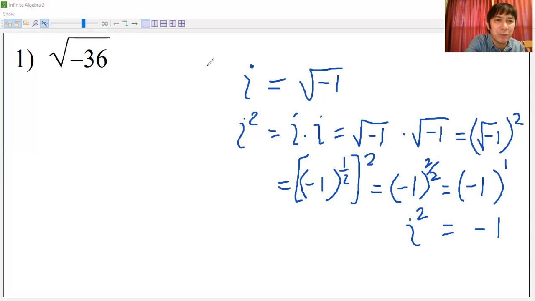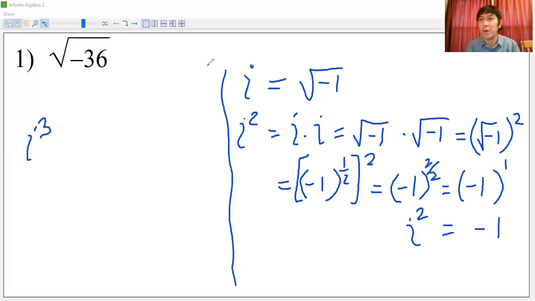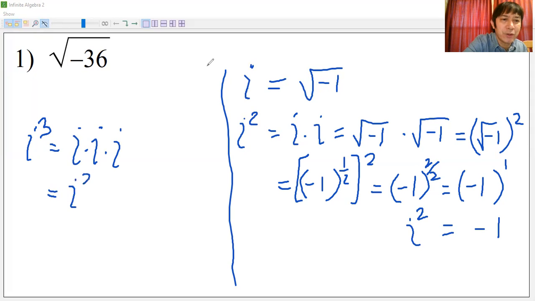Now, how about i cubed? i cubed is i times i times i, and this simply means i times i squared. This is also equal to i squared times i.